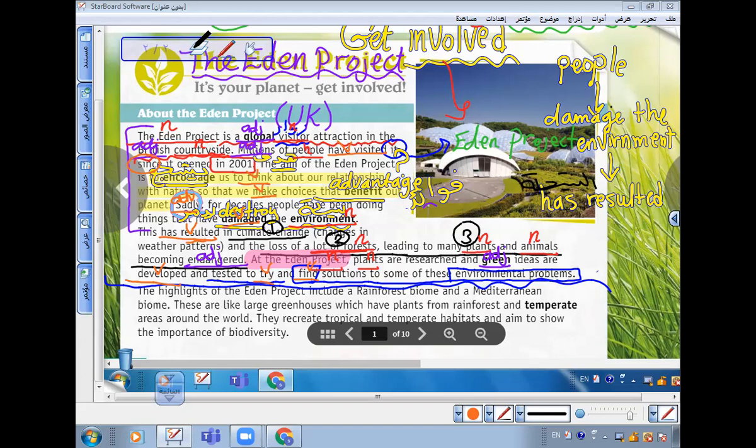Okay, if I ask you what are the highlights of Eden Project? شو الهايلايتس للإيدن Project? We have two things. من إيش مكون الهايلايتس the important things in Eden Project؟ أول إشي rainforest point البيئة المطرية الإقليمية and Mediterranean point and we have two things. تمام؟ These are like a large greenhouses.